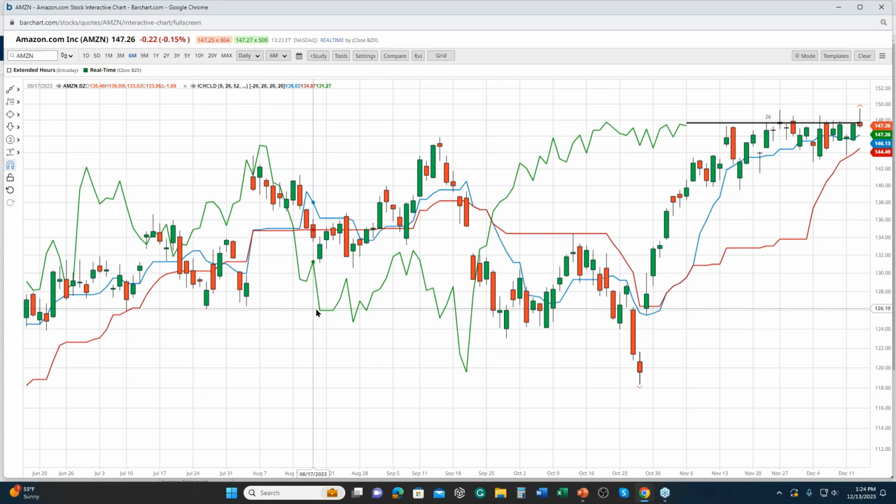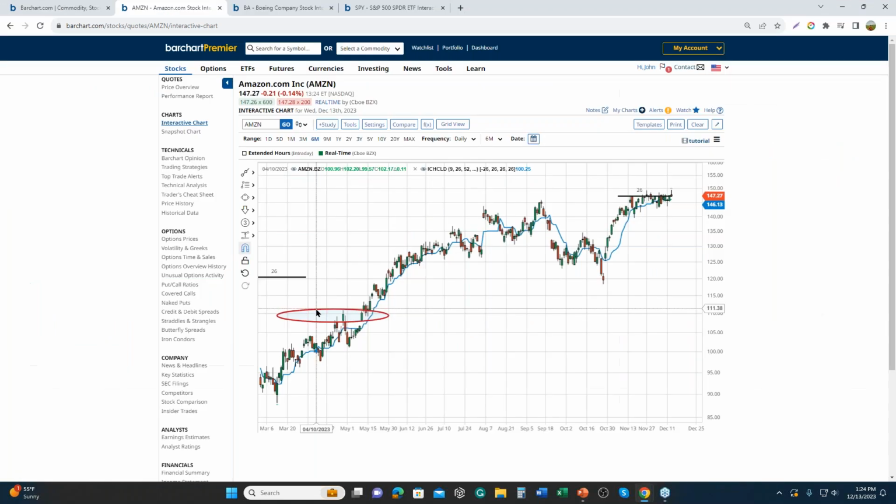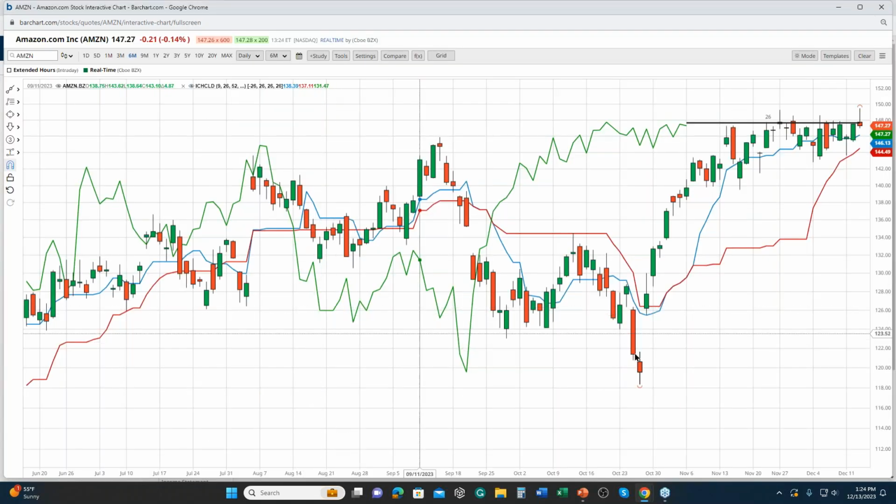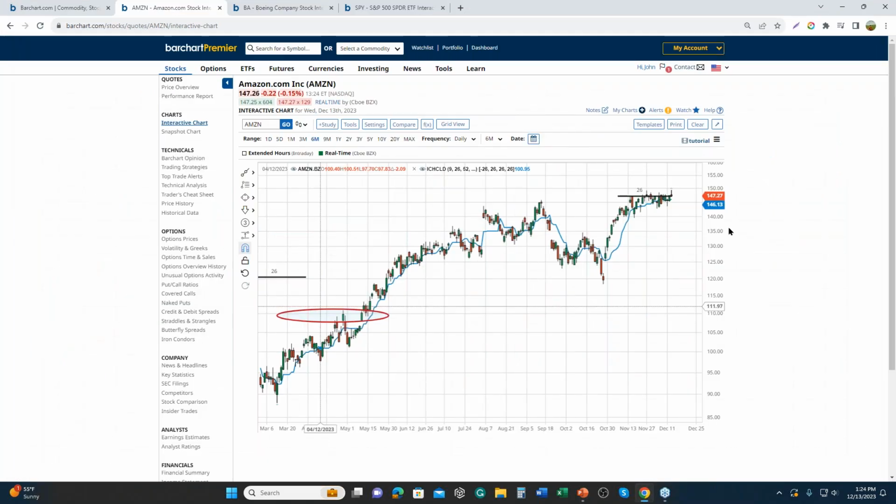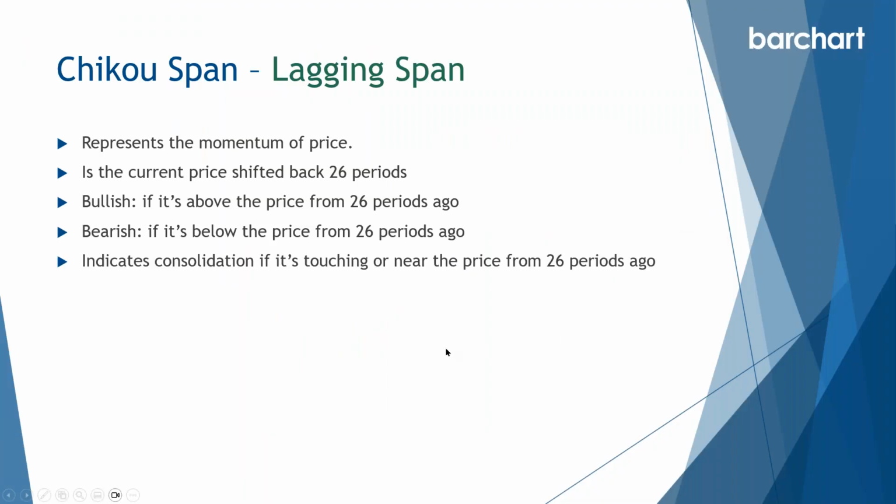Now, another thing that we can do with the lagging span is look at consolidation. If the lagging span is near price from 26 periods ago, then that could be an indication that we're heading into consolidation.